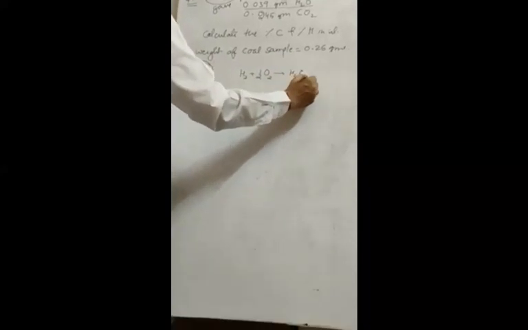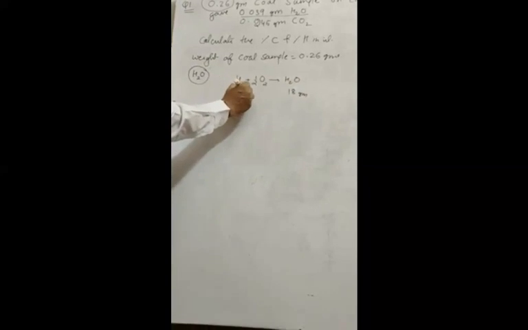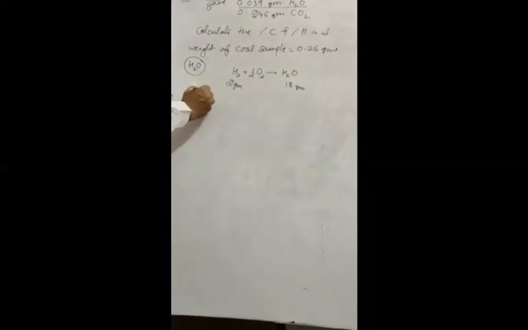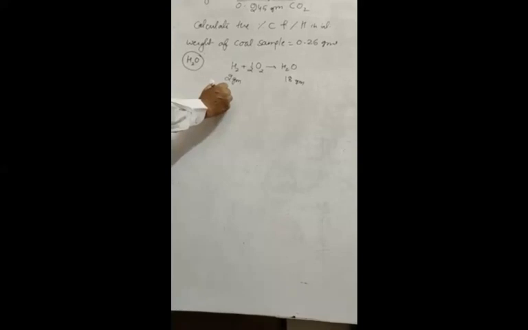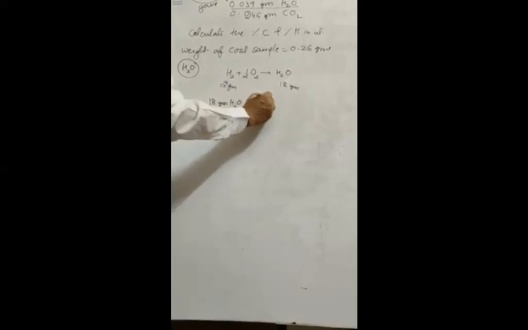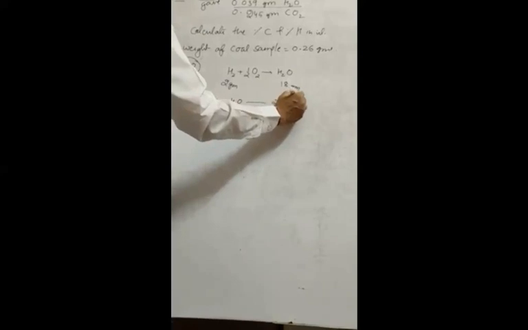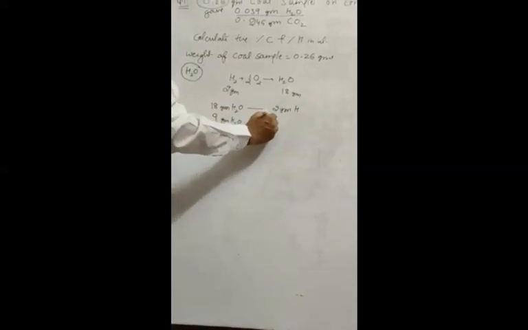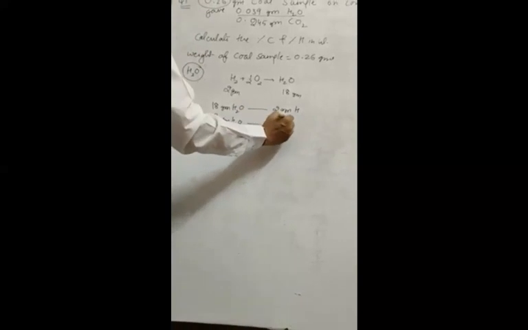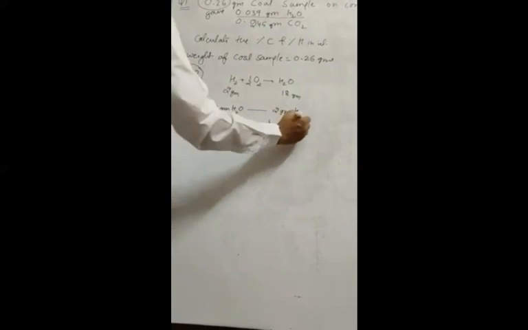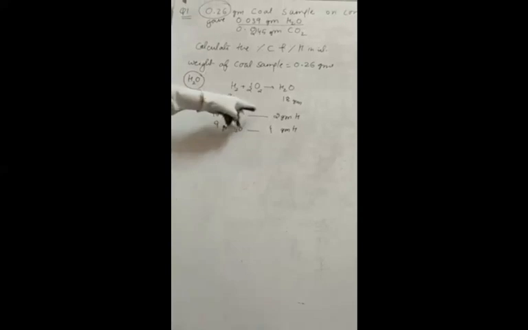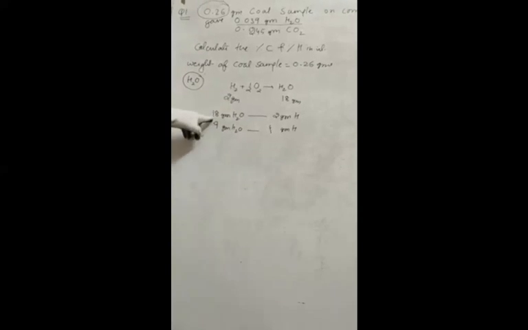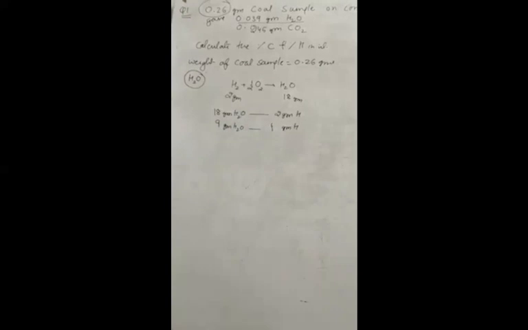So if 18 grams of water is formed, it corresponds to 2 grams of hydrogen. So 9 grams of water corresponds to 1 gram of hydrogen.